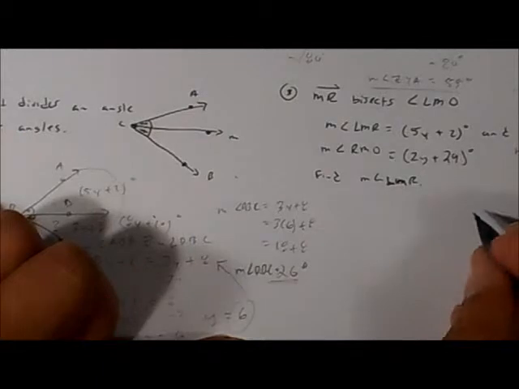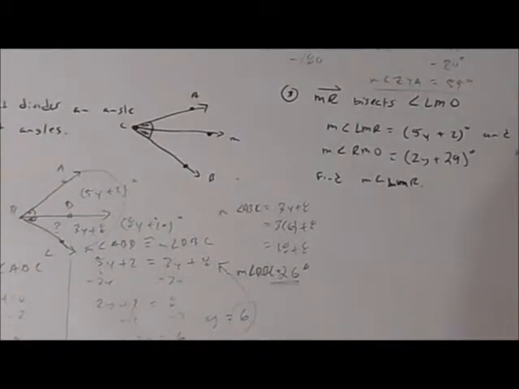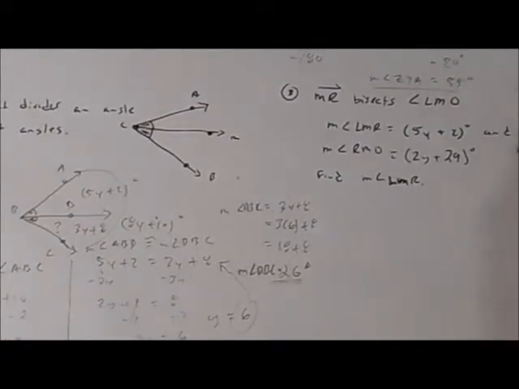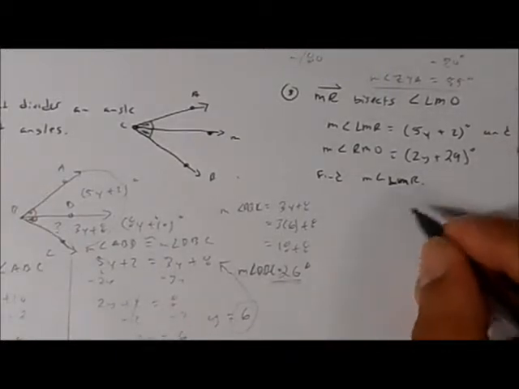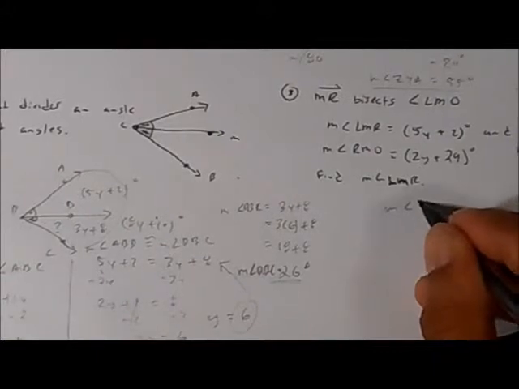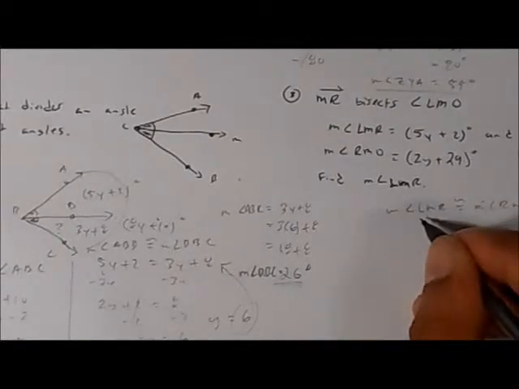So what you need to do here is go ahead and use what we already know. What can you apply from the top part in comparison to the bottom part? They're both congruent. Okay, so measure of angle LMR is congruent to the measure of angle RMO.